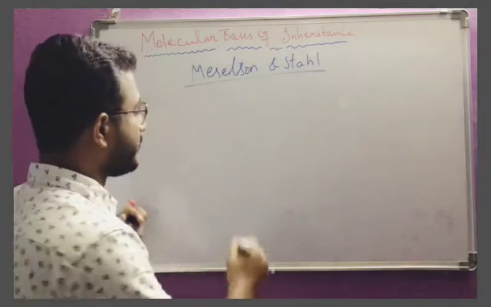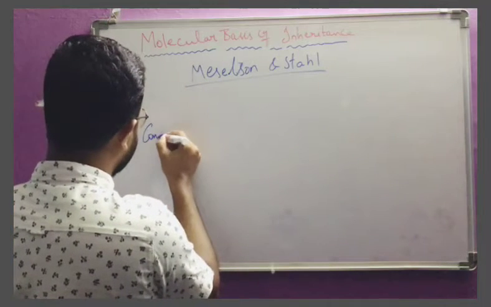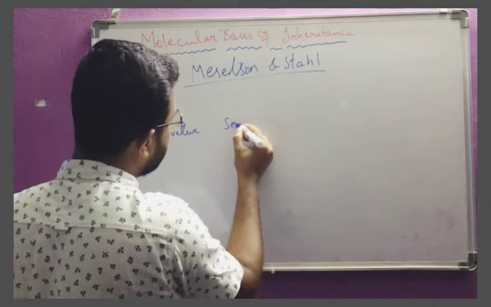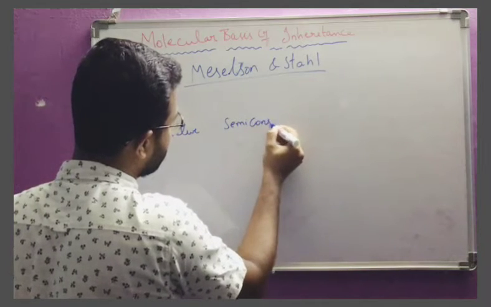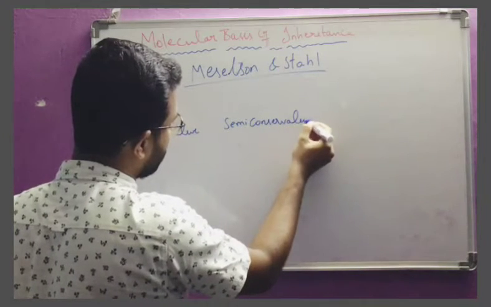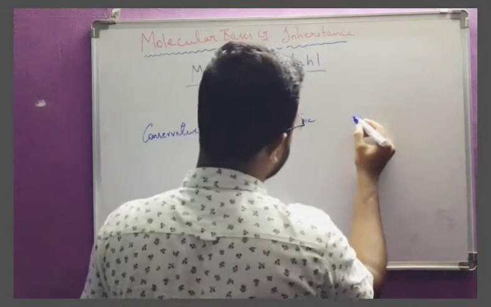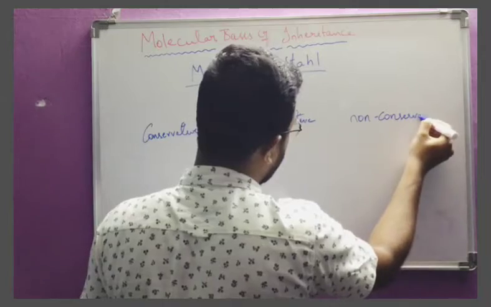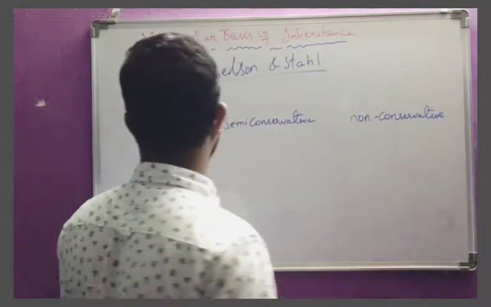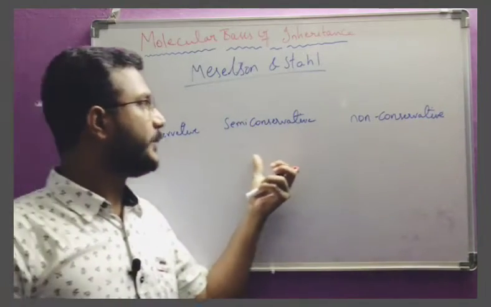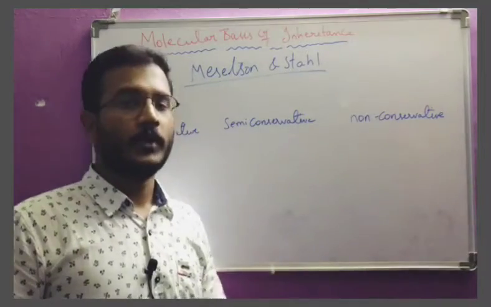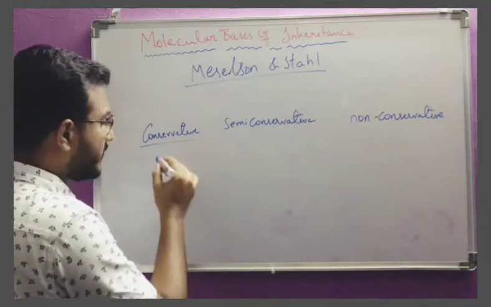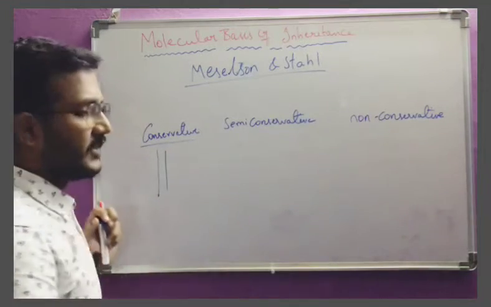There are three models: conservative, semi-conservative, and non-conservative. In the conservative model, the parent strands come directly into the offspring.